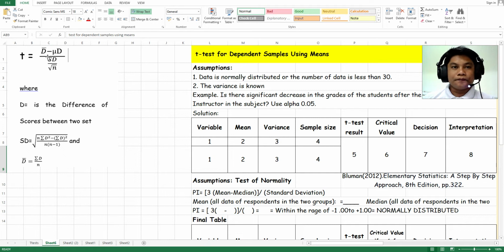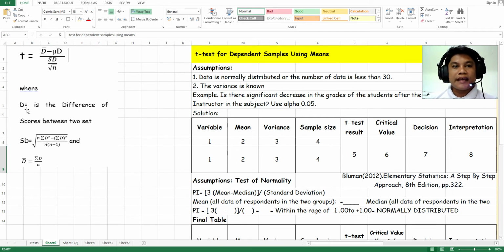Now, the sd is the standard deviation, wherein you have to consider the standard deviation of the difference of the data set from before and after, or the pre-test and post-test scores.